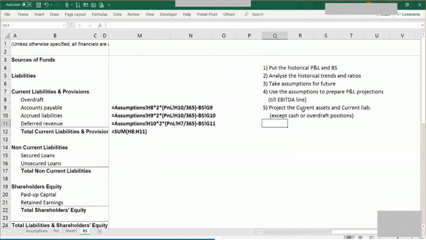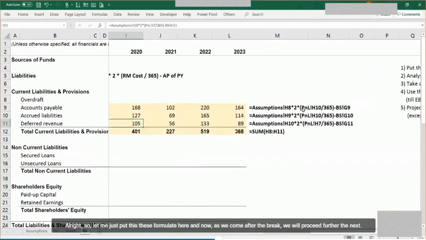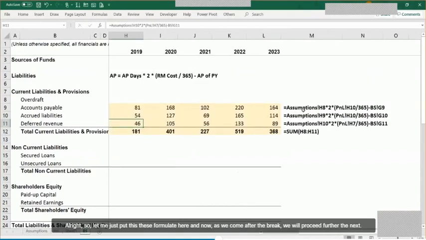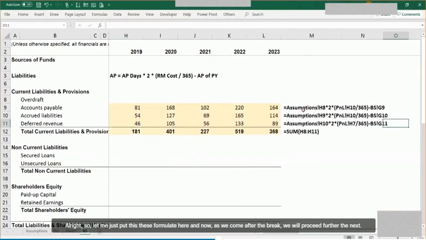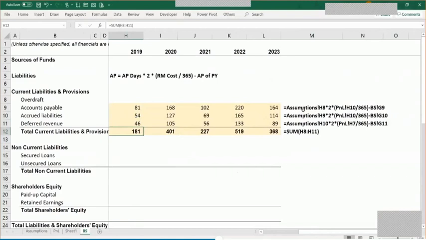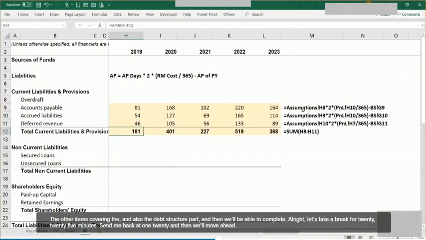All right. So let me just put these formulae here, and as we come back after the break, we will proceed further with the next sheet wherein we will have the other items covering the fixed assets, capex and also the debt structure part, and then we'll be able to complete our P&L.